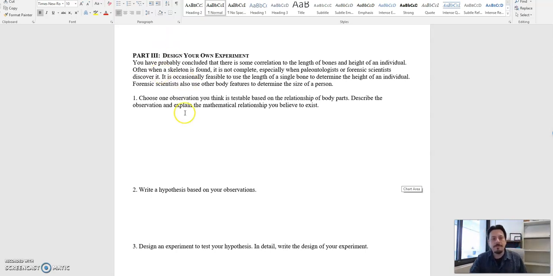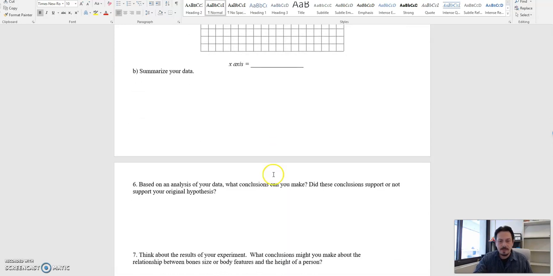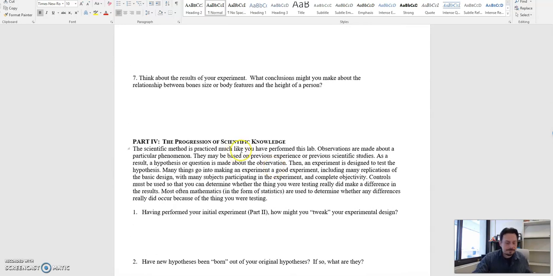If you do that, you're going to measure people's shoe length and wrist to elbow length and see if they're the same. That's fine. You can do something else. We don't care. Just make sure that it's scientifically accurate. Answer some questions and then turn it in.